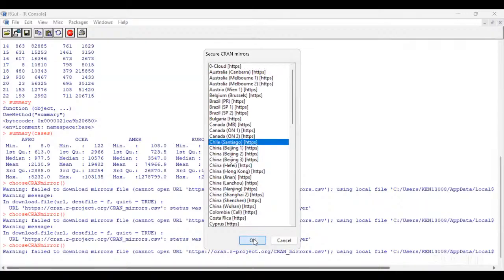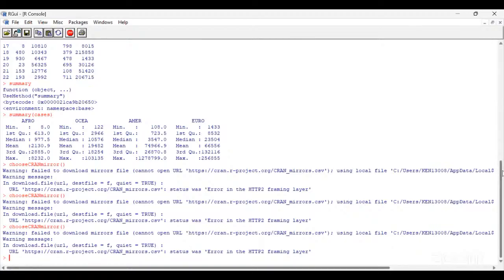Mwalimu, could you please remind me why we choose these CRAN mirror countries? Many scientists are working on R, and they have the rights on whether you want to use their domain. In Africa, the only country that has a mirror is South Africa.